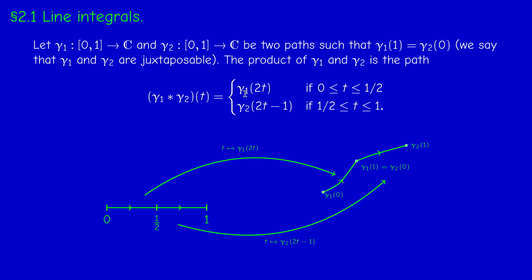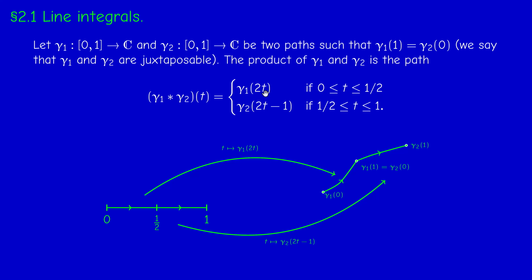Then this is just gamma 1 of 2t. Suppose that time goes from 0 to 1. I divide it into two equal parts. From 0 to 1/2, I move at double speed along this curve, and then I also move at double speed along the second one. And this is just gamma 2 of 2t minus 1.